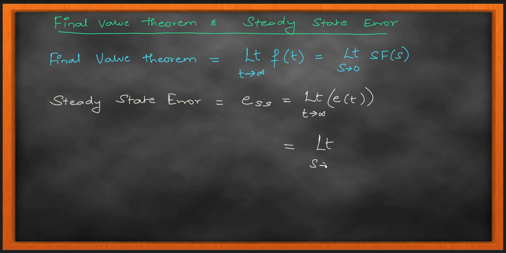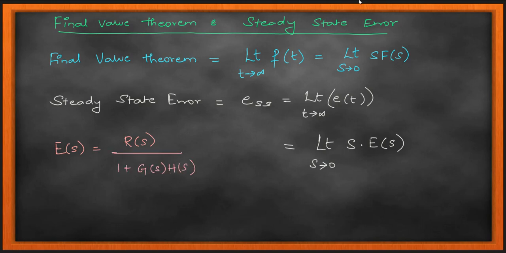So that is the transformation that the final value theorem implies, and we can use that. So instead of doing T tends to infinity on E of T, because working with infinity is always inconvenient, whether you are a mathematician or a control engineer or just a science guy.